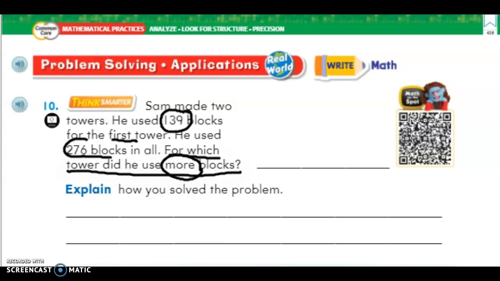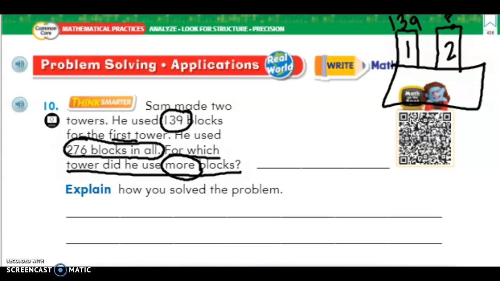He used 276 blocks in all. So I'm going to draw a little picture over here. First tower, second tower. So 1 and 2. For the first tower, he used 139 blocks. We don't know what he used for the second tower. That's our mystery number. But we know that all together, he used 276 blocks in all.